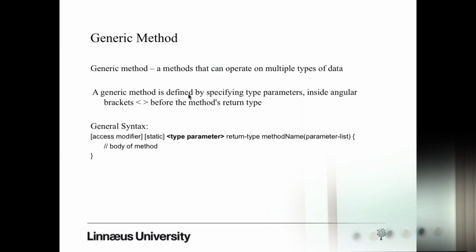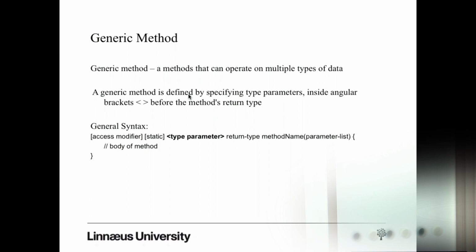The syntax for this is, the first part is the same. You can have access modifiers like public, private, protected, then the static keyword if you want your method to be a static method. But before the return type, you need to specify the type parameter. This is the only difference between generic and non-generic methods.